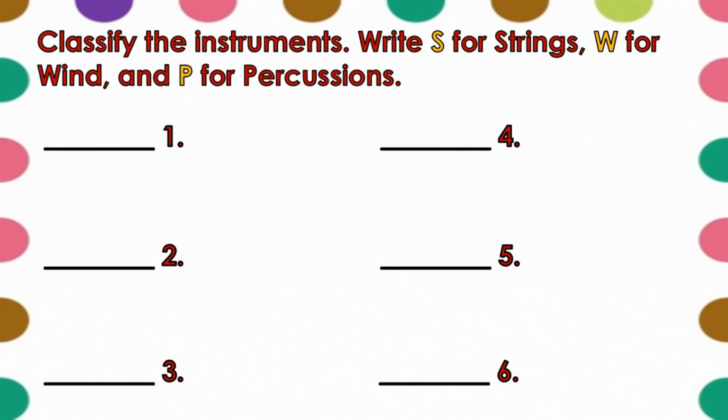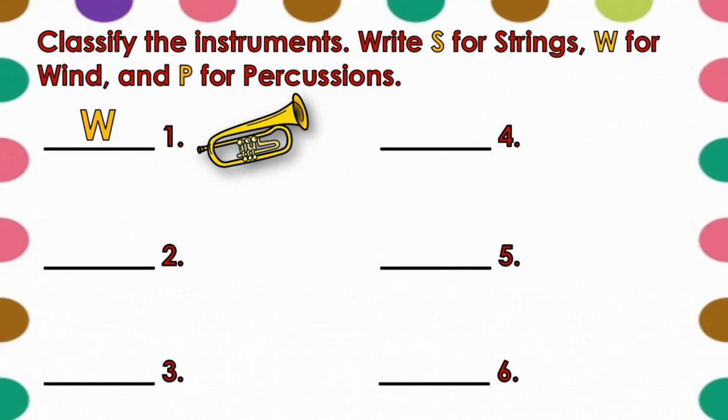Are you ready? Number 1. Trumpet. Is it string instruments, wind instruments, or percussion instruments? Correct! Trumpet is wind instrument, W.